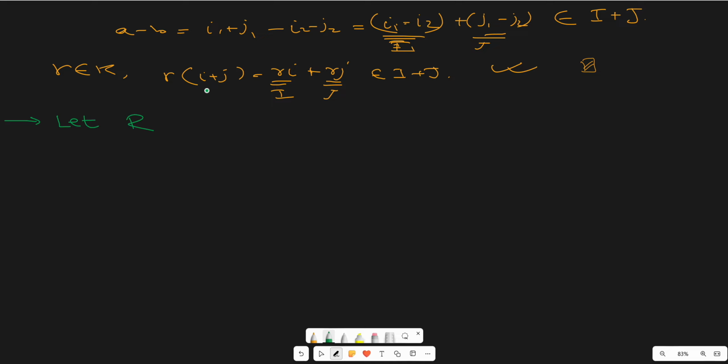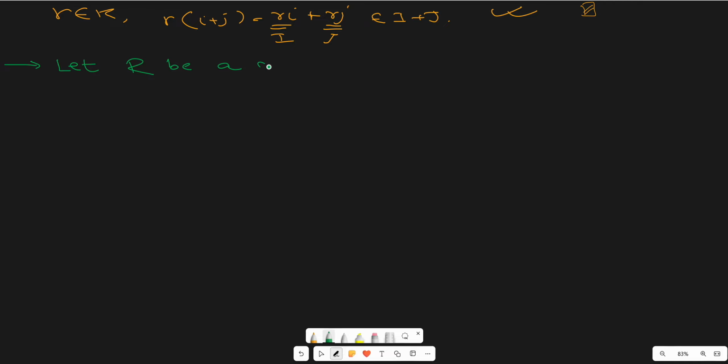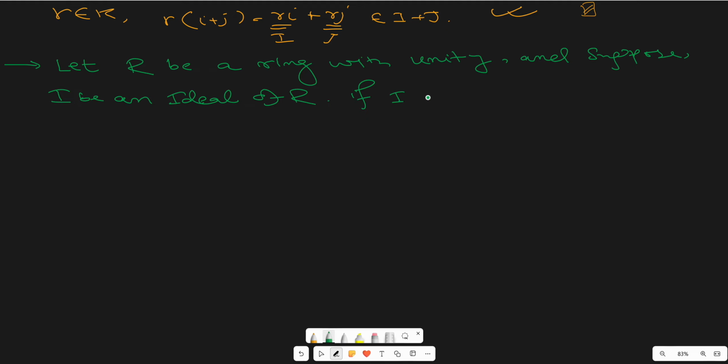Let R be a ring with unity, and suppose I is an ideal of R. If I contains a unit, then I equals R. This is a very useful result.